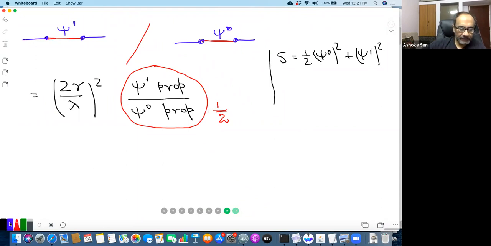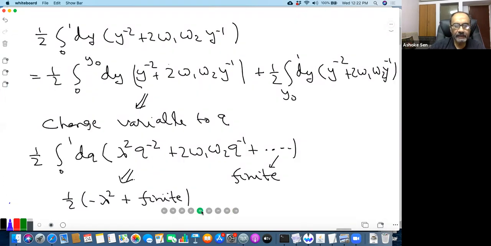Now let's ask, what is this object? Psi0. This is the contribution from the tachyon exchange diagram. But if you just go back a few slides, you see that this contribution is precisely the tachyon exchange contribution.